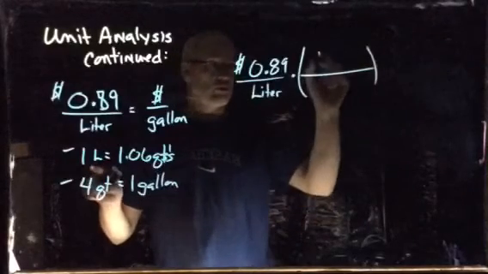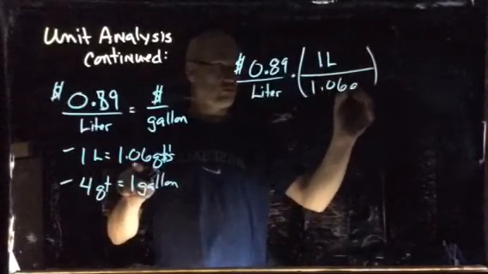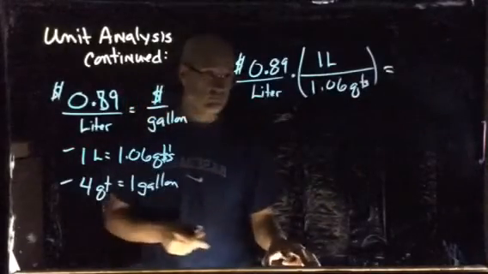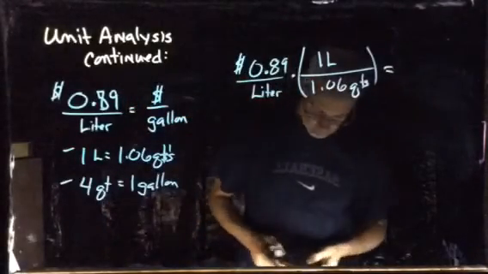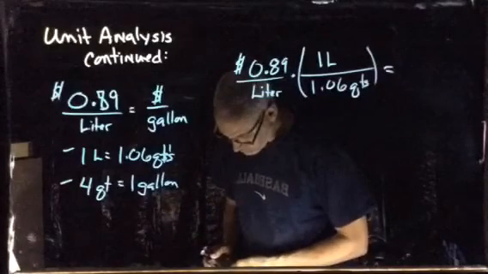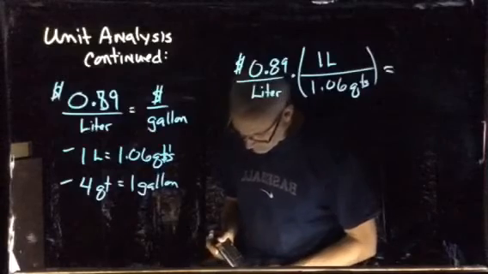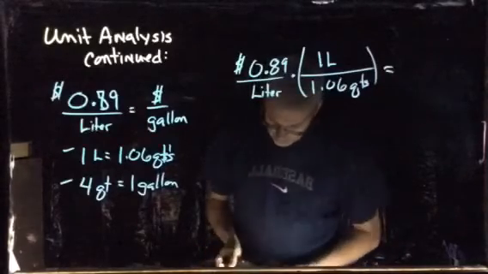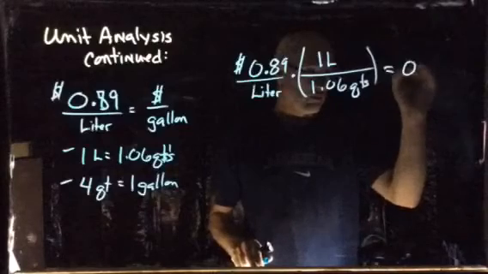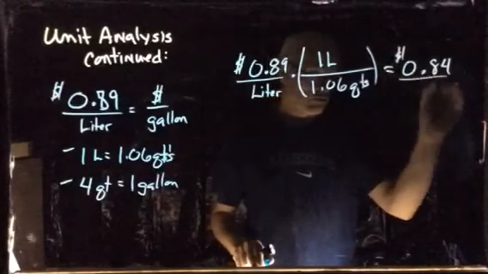We're going to put 1 liter on the top and 1.06 quarts on the bottom. And we're going to get roughly 84 cents per quart.